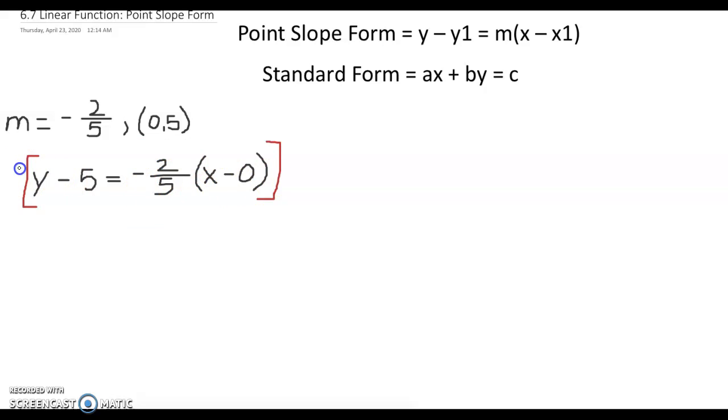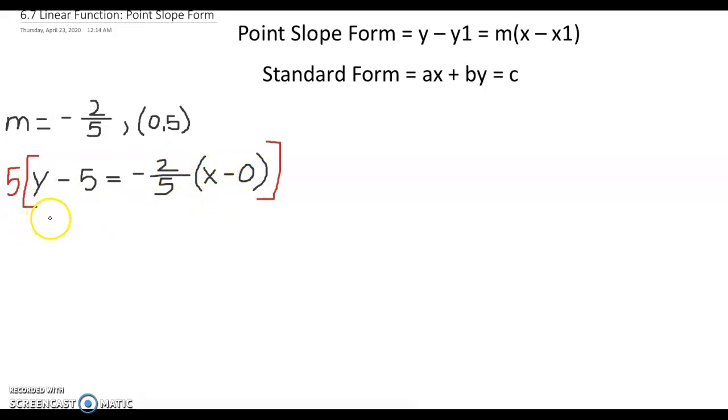We're going to distribute by 5, which means 5 times y, 5 times 5, 5 over 1 times 2 over 5. We're going to leave this alone. I'm not going to multiply the 5 by the x minus 0. We're going to leave that alone.